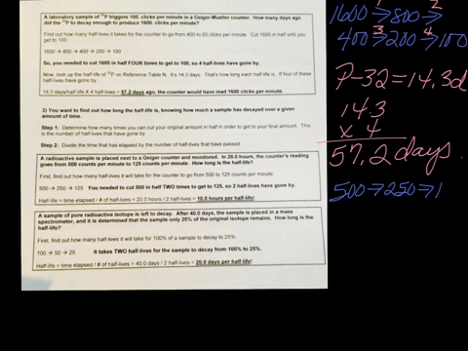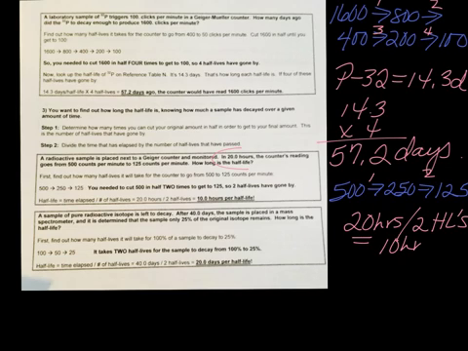Half of 250 is 125. So I got my starting and ending mass there, and I know that 2 half-lives took place. I also know that it was a total of 20 hours. So 20 hours divided by 2 half-lives equals 10 hours. And that equals 1 half-life.